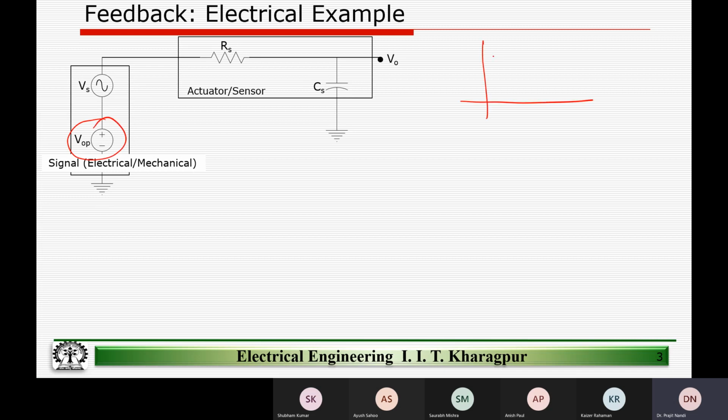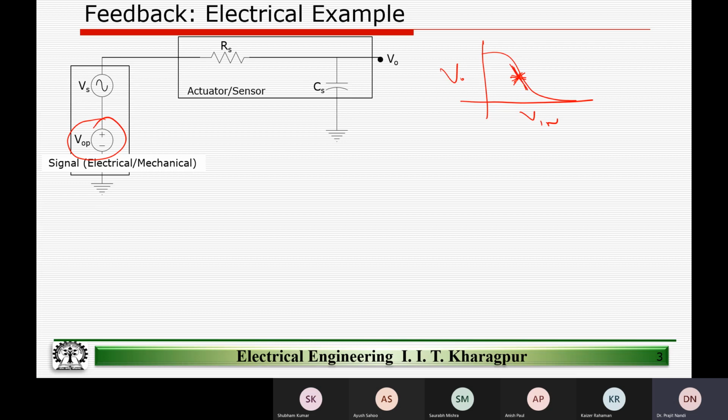For example, let's say I have an amplifier with this kind of characteristics, V out by V in, right? This is the DC characteristics. If I want to use such a block or module as an amplifier, I will try to bias the amplifier at an operating point, maybe somewhere here, because that's where we see the gain is maximum.